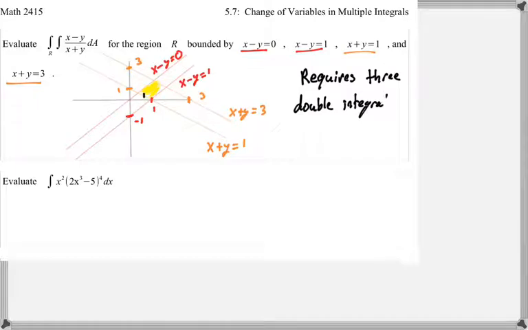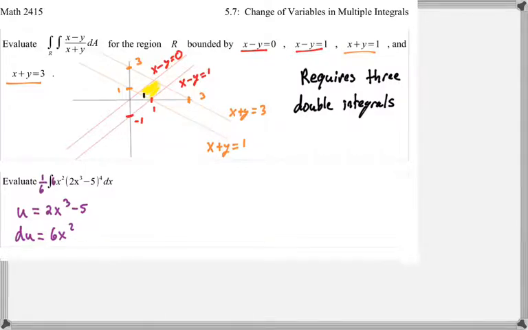So we're going to look at, maybe we can do some sort of substitution or something like that. So if we look at this integral from Cal 1, the integral of x squared times quantity 2x cubed minus 5 to the 4th power dx, which we would have done in Cal 1. So we said, well, let u be the 2x cubed minus 5, then differential du is going to be equal to 6x squared dx. Don't forget the dx.